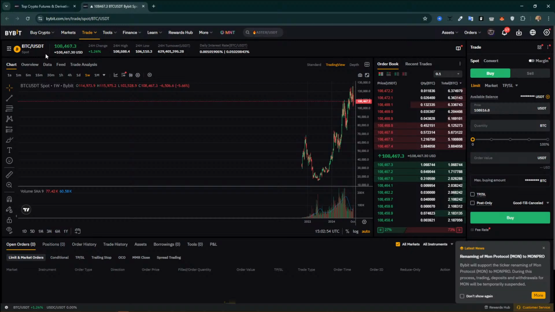Okay, for time purposes, let's just go through this. So pairs, trading pair, that's where we see that. And then we have some information about the volume, trading volume, and 24-hour highest. By the way, if you know a little bit about trading, you know about the higher highs and higher lows. We have lower lows, lower highs.